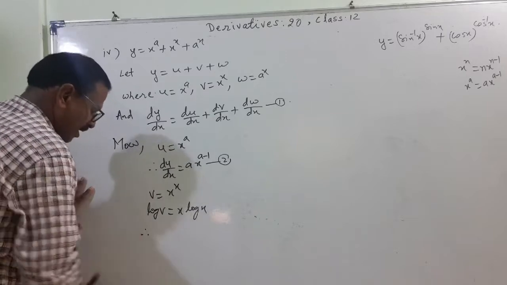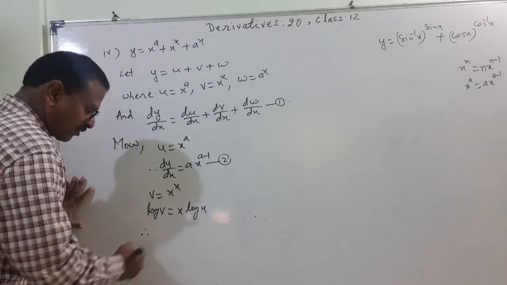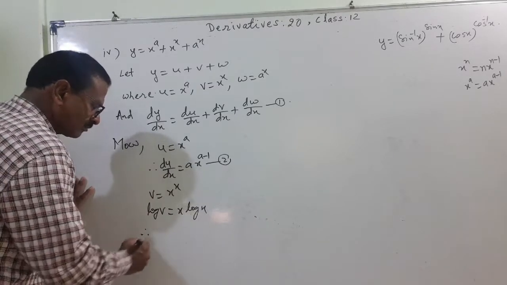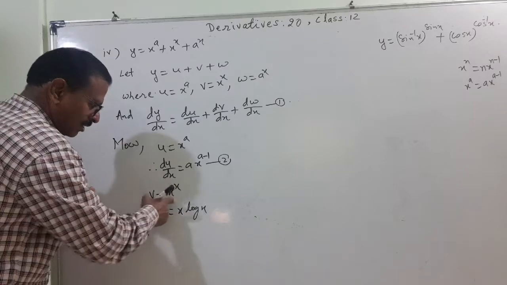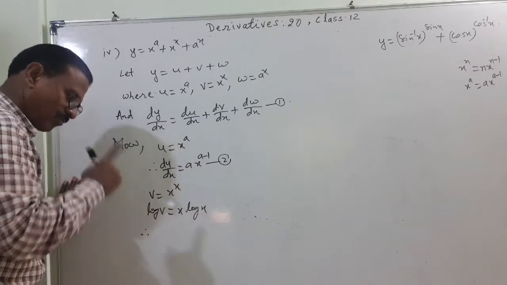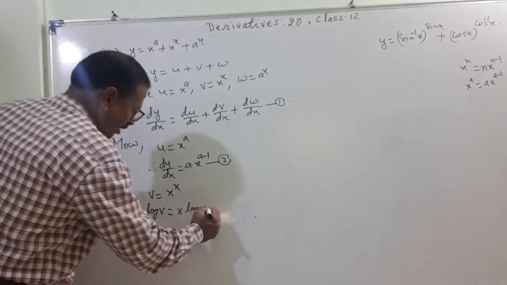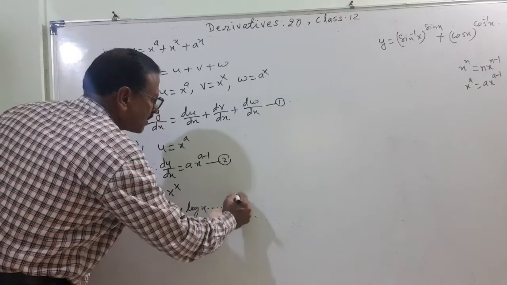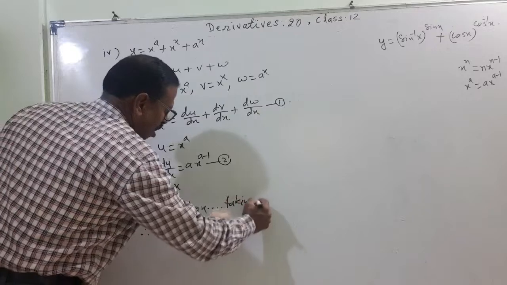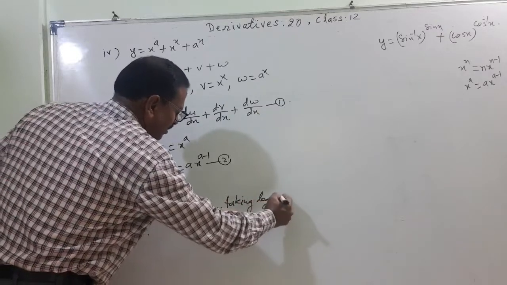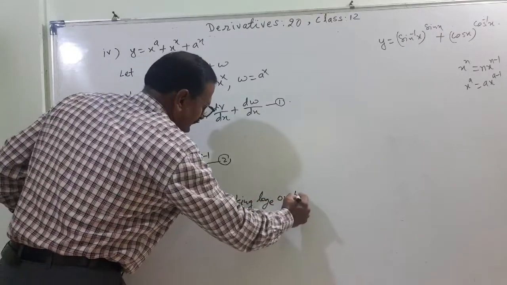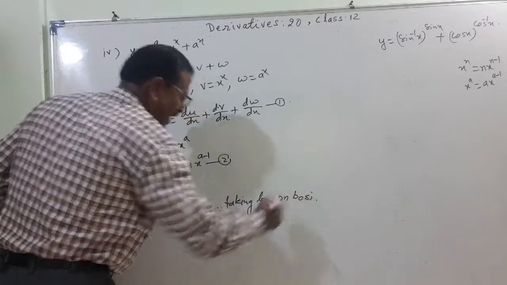Therefore, differentiating with respect to x, you have to write here, taking the log to the base e on both the sides. This is what you have to write. I have the space, that's why I am writing taking log to the base e on both sides.